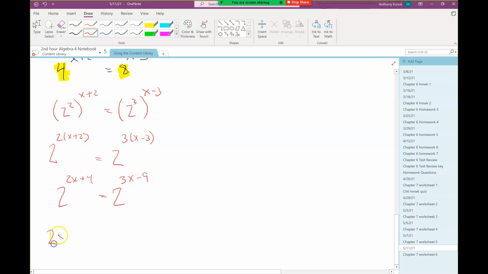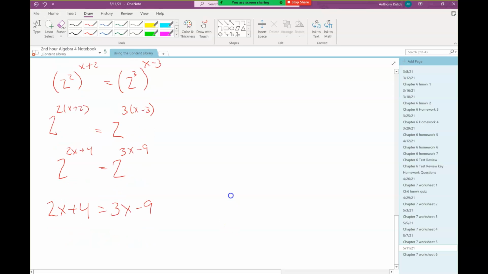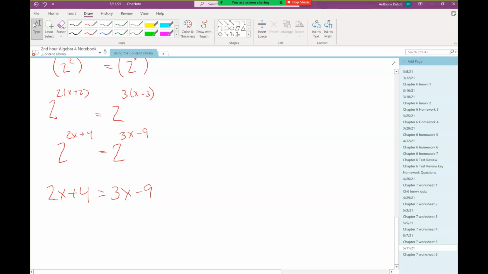So I can just kind of forget about the 2's. And then just solve this like a linear equation. So I'd subtract 2x from both sides to get x, and add 9 to both sides to get 13. So far, so good?